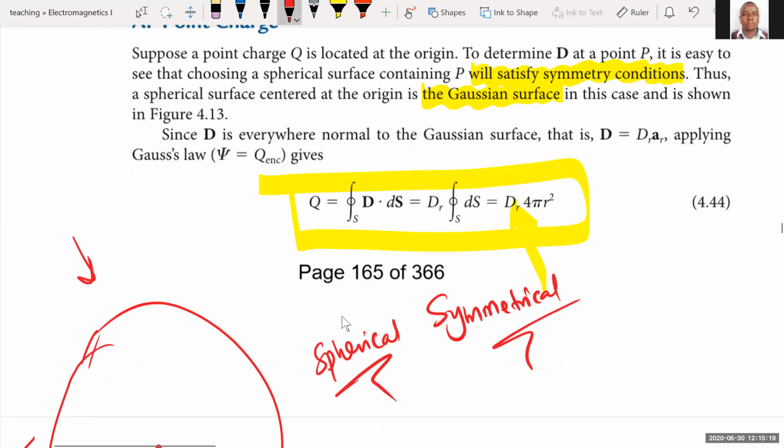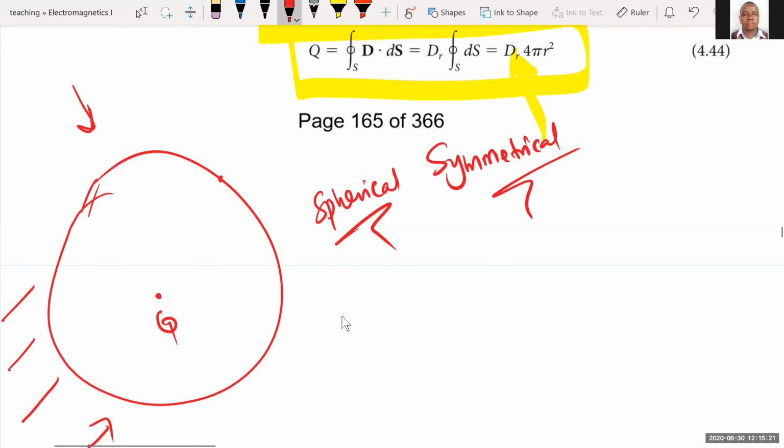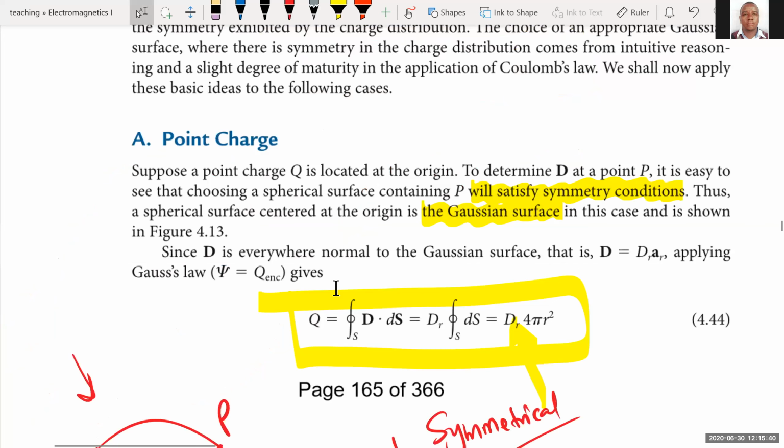Of course, we want to observe the flux at point P, which is on a surface surrounding a point charge Q. And we are saying the best surface to work with is spherical.